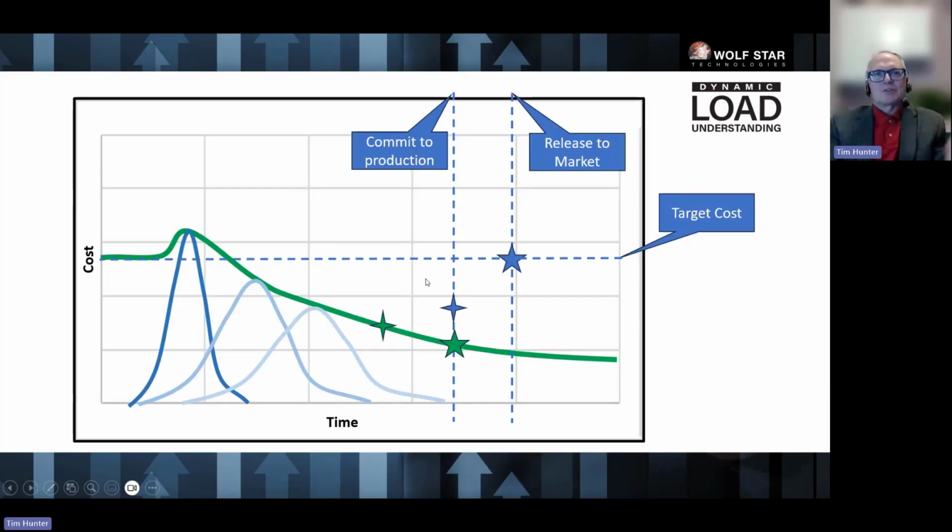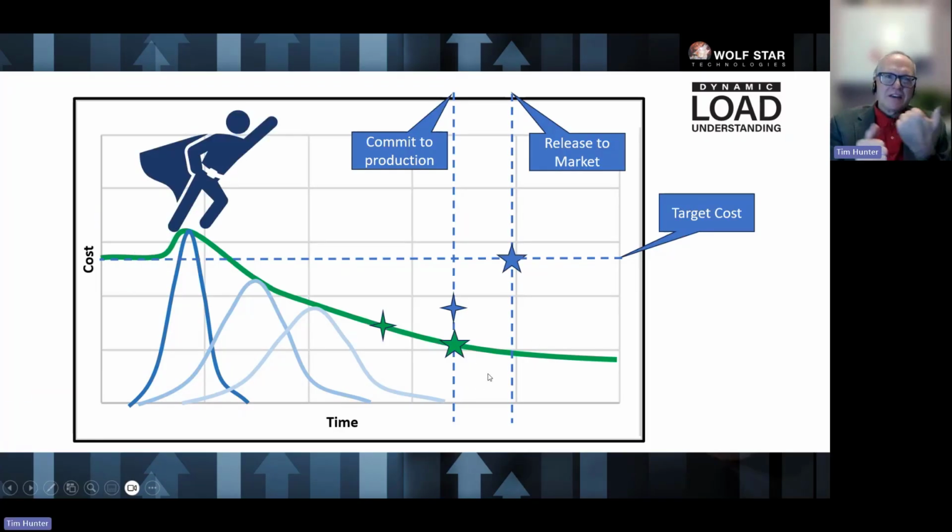So with these types of tools, we can go from where we've got our scheduled commit to production and launching. And with these types of tools, we can gain the knowledge quicker and faster, and we can move those dates up. And so we in engineering can be heroes of the company and get products to market faster and more reliably than we've ever done before.